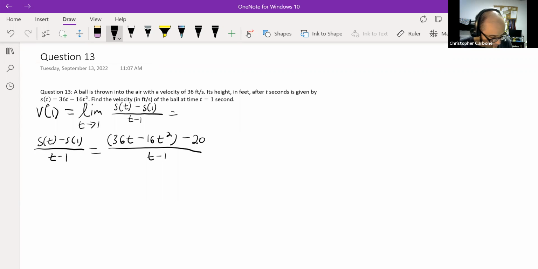So for us to do this, we could drop these parentheses and rewrite this a little bit as negative 16t squared plus 36t minus 20, all divided by t minus 1.